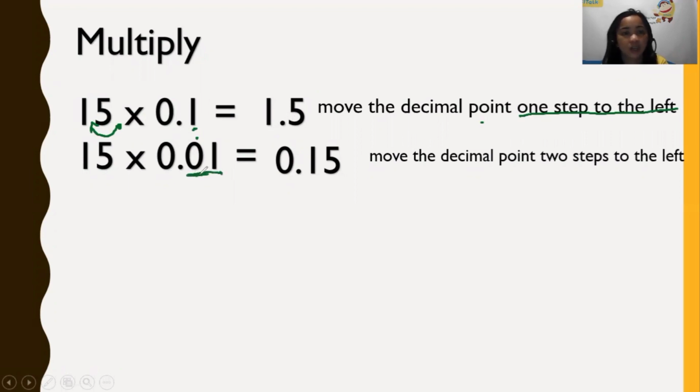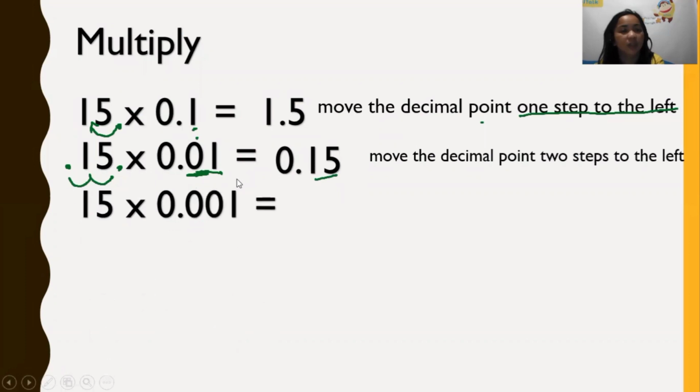So, here, we multiply it by 100ths. Yung decimal point dito, i-move mo ng 2 beses, 1, 2, mapapunta dito. Kaya naging 1500ths na siya. Move decimal point 2 steps to the left. And then let's have another example. 15 times 1,000ths.